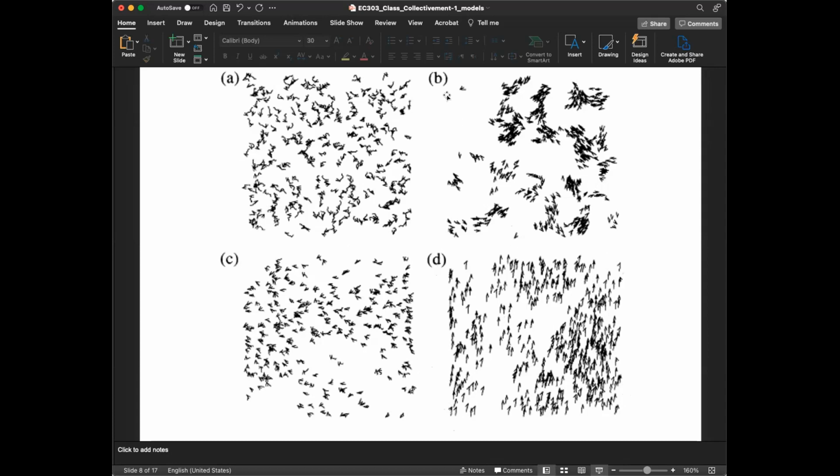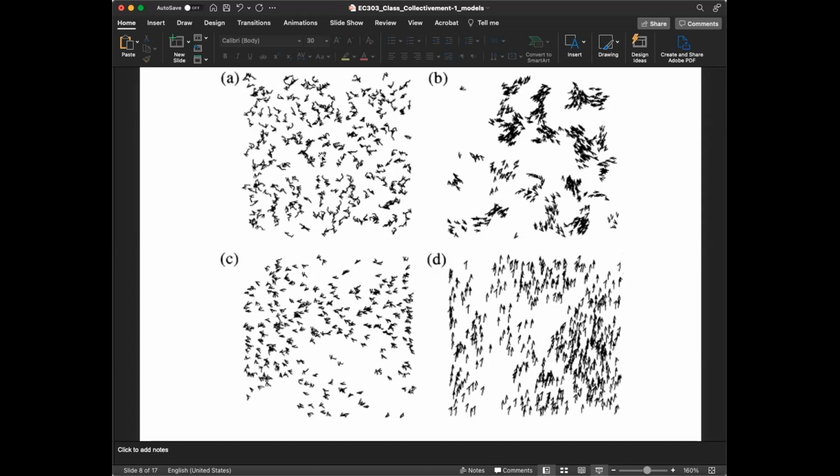However, when the noise is low and the number of individuals is sufficiently high, they form local clusters, even though all of the local clusters may be moving in their own direction. But in D, when the density is high and the noise is low, everybody in the population moves in the same direction. This happens by two means.